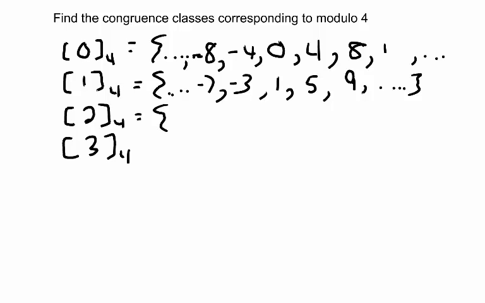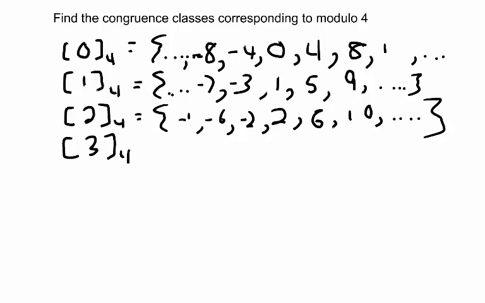Looking at congruence class 2, modulo 4, we'd have 2, 6, 10, 14, 18, and so on, and extending in the negative direction, negative 2, negative 6, negative 10, and so on.